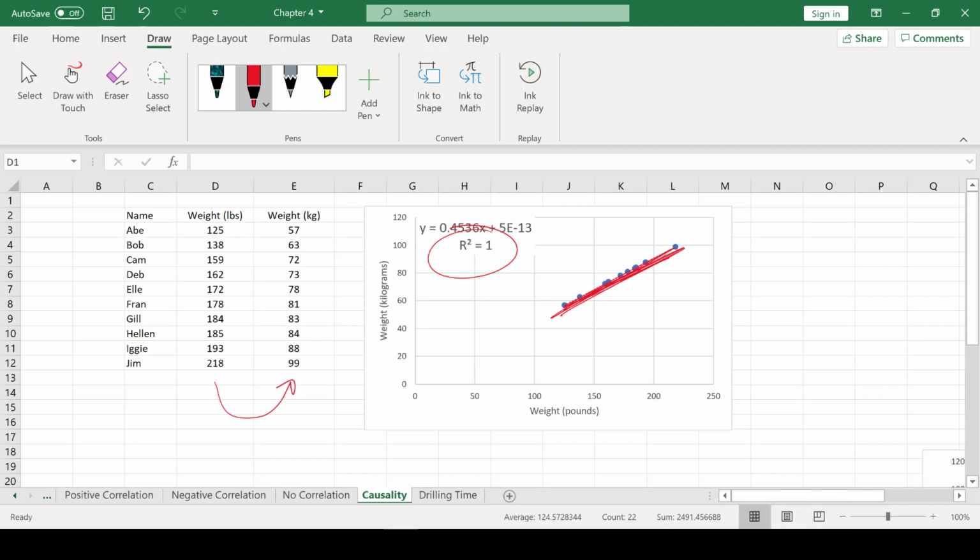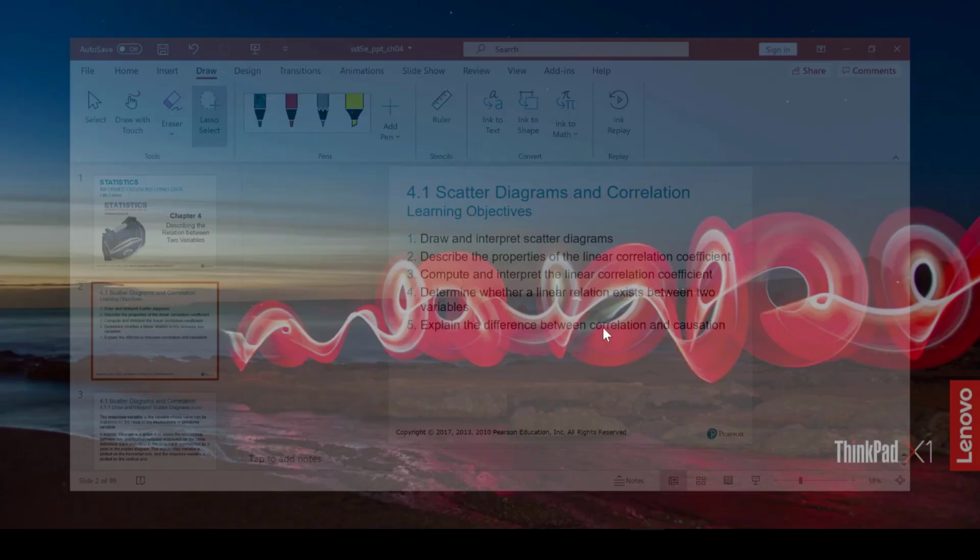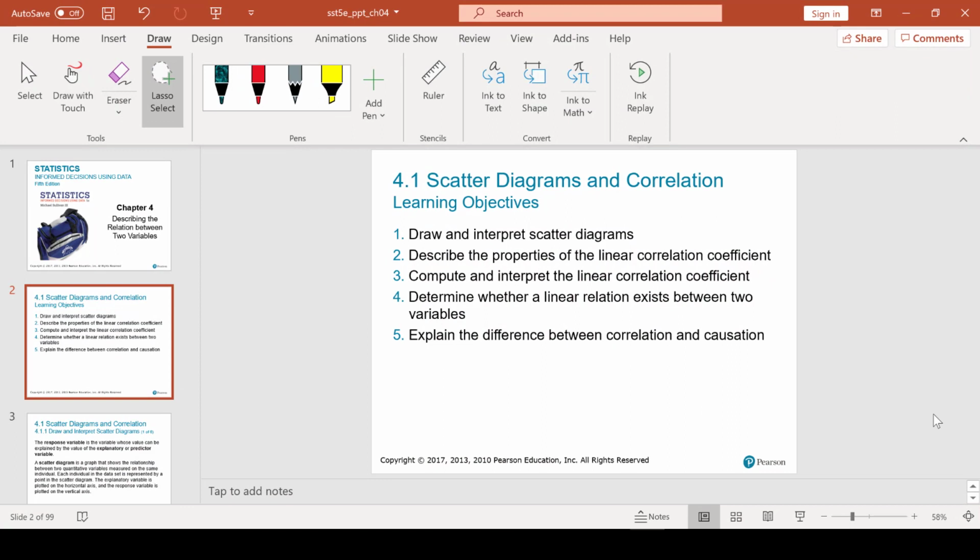So to go back and recap, we looked at several examples of scatter diagrams. We calculated a linear correlation coefficient. In this example with Excel, we used R squared. We're going to look at R as we look through the PowerPoints, but that R squared value is what we use in order to determine whether or not I have a linear relationship between two variables.